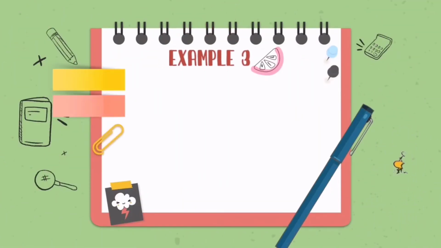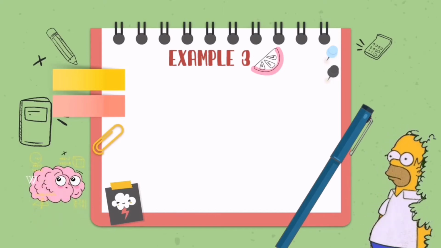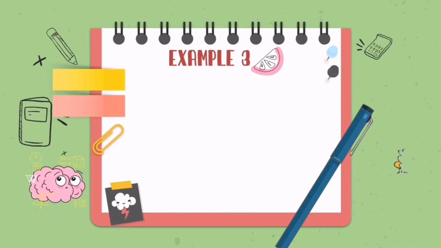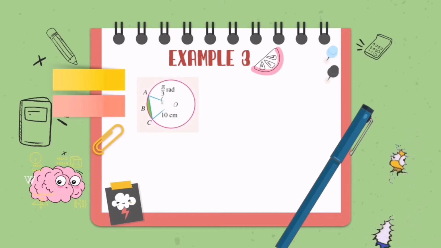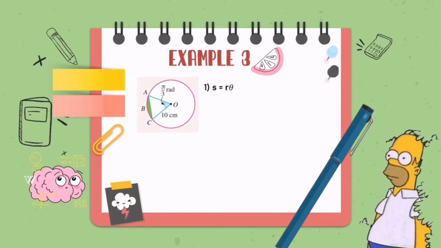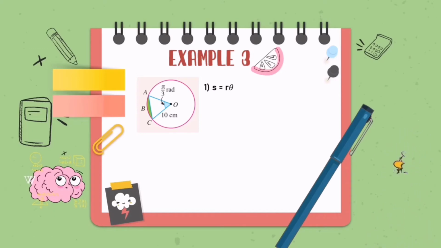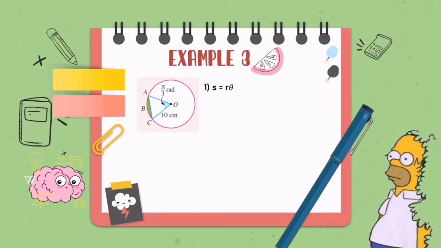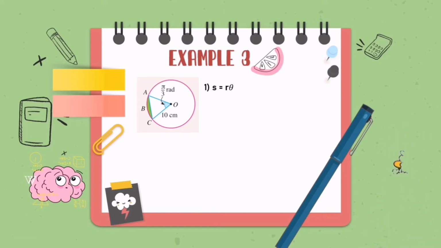Move on to the last example, which is example 3. Same goes for this question. We need to find the perimeter of the shaded segment. As you can see, the shaded segment is ABC. The same thing, we need to find the length of AC and the arc of ABC by using the same formula.